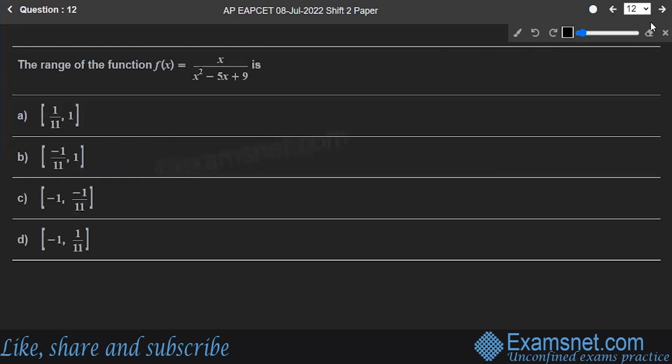The range of the function, this you have to find out. So, well, let's go with this easy question. You have this function, let it be y. Y is equal to x upon x square minus 5x plus 9, which gives you x square y minus 5xy plus 9y is equal to x.